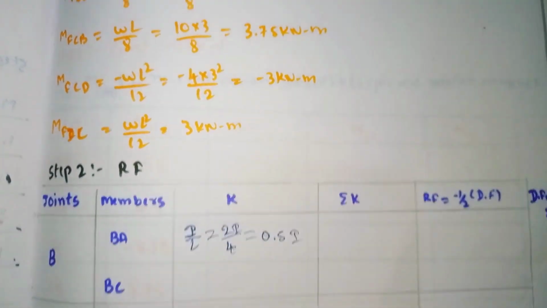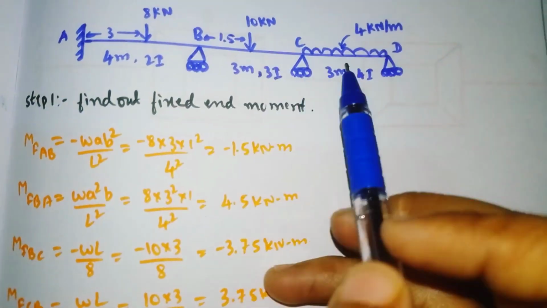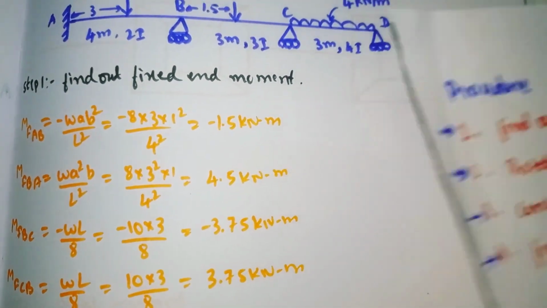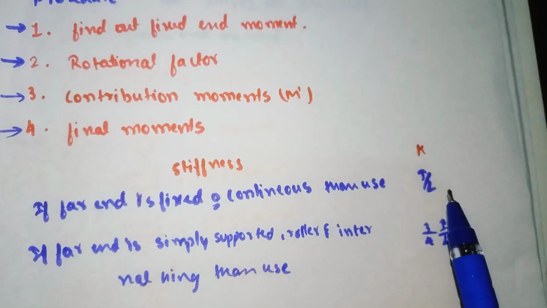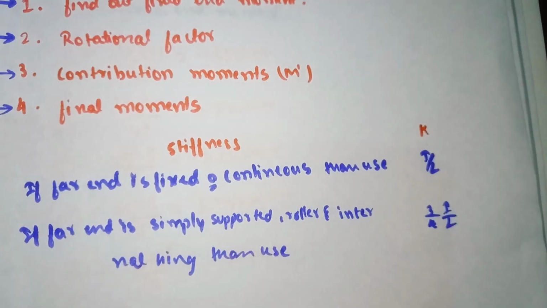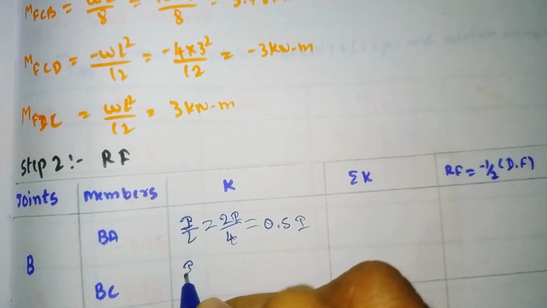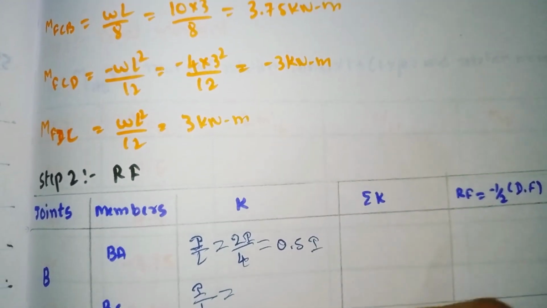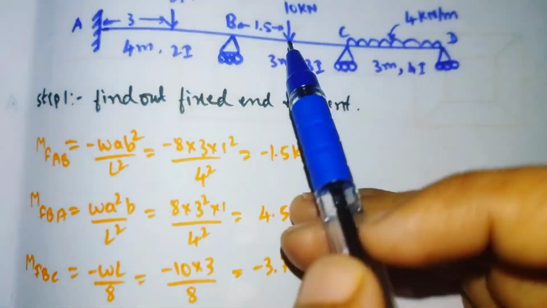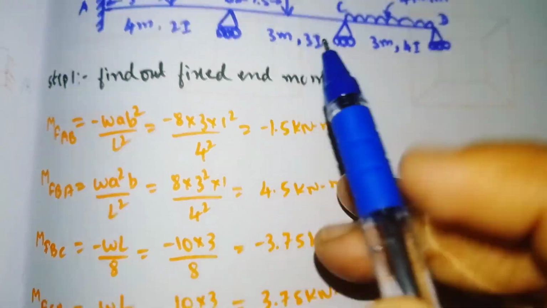Similarly for member BC, the far end is continuous, so we have to use the K formula I divided by L. Again the same formula we need to use. I for span BC is 3I and length is 3 meter.